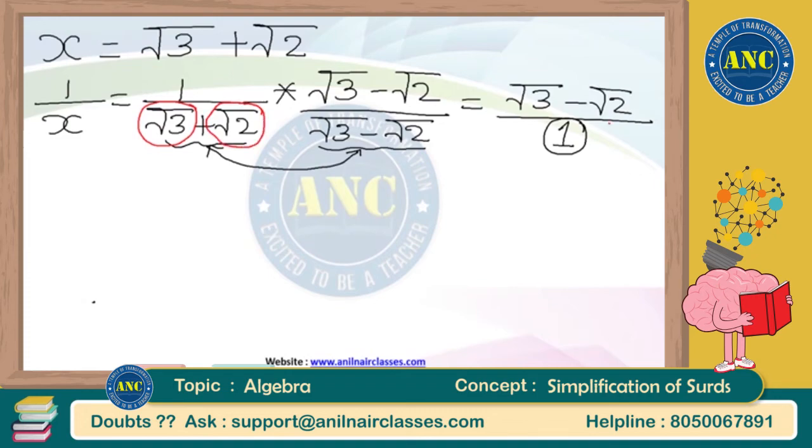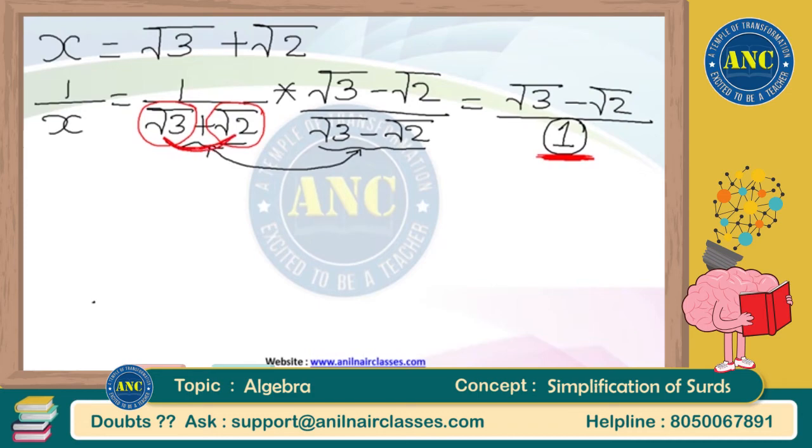That means whenever the denominator is a sum or difference of square roots of something, the denominator of the final value will always be equal to the difference of these whole numbers.